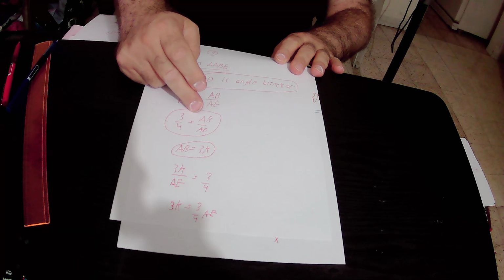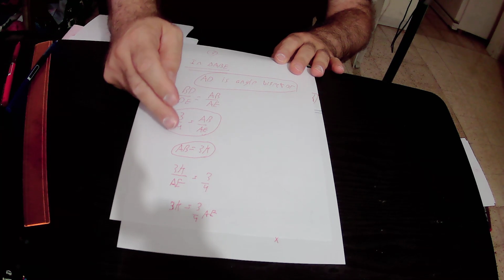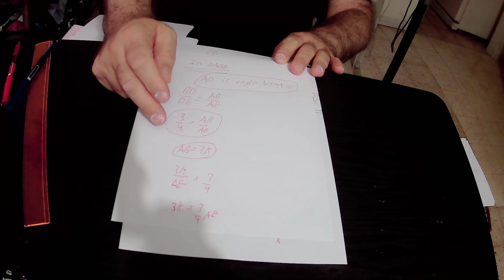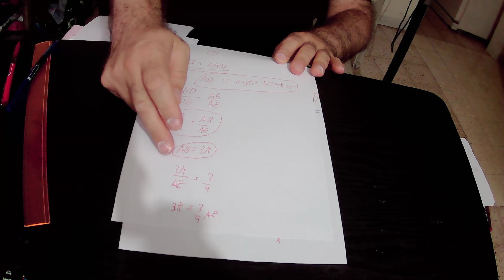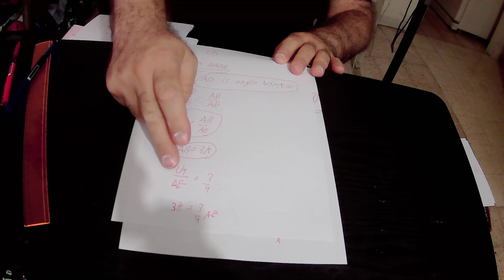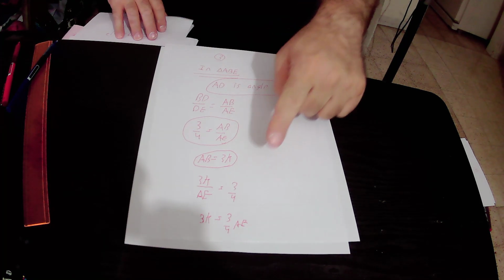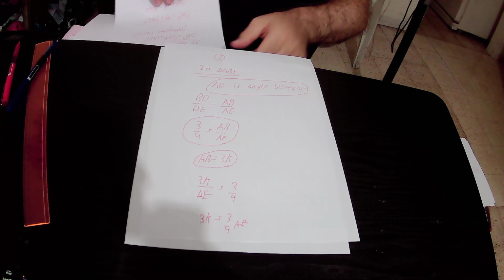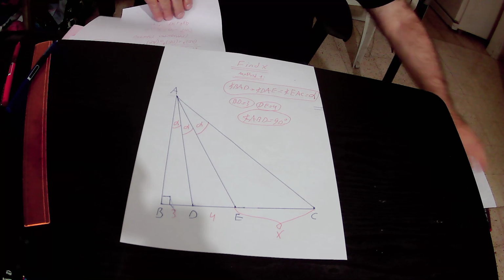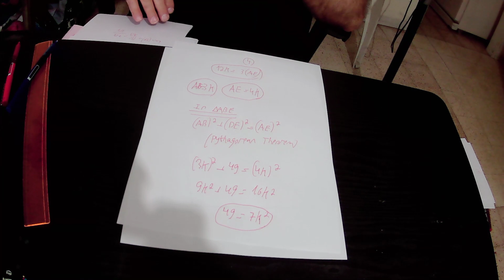After we defined AB as 3K, we found the value of AE by substituting AB by 3K in this equality, and we got that 3K over AE equals 3 over 4. Here we multiplied this equality by AE, and we found that 3K equals 3 over 4 times AE. Then we multiplied by 4, and we got that 12K equals 3 times AE.